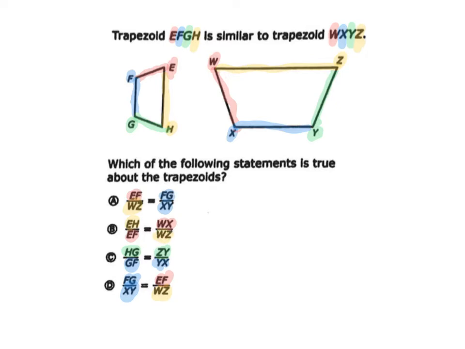So now I need to look at my proportions. I have to have the same colors across from each other or up and down. So let's look at letter choice A. We have blue together, and we don't have red together or yellow together. So since they're the wrong colors, A would not be a good answer choice.